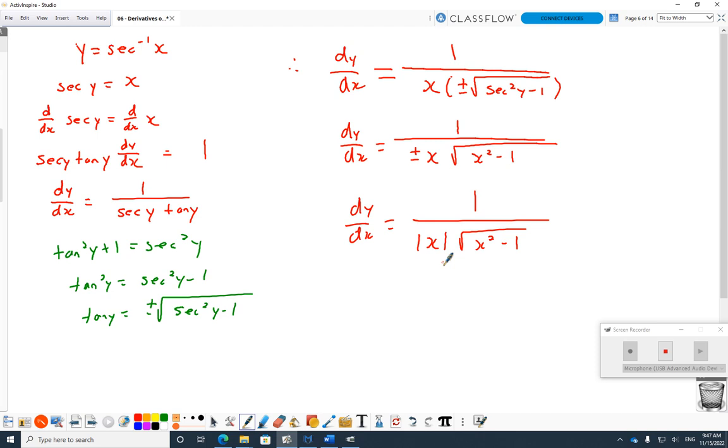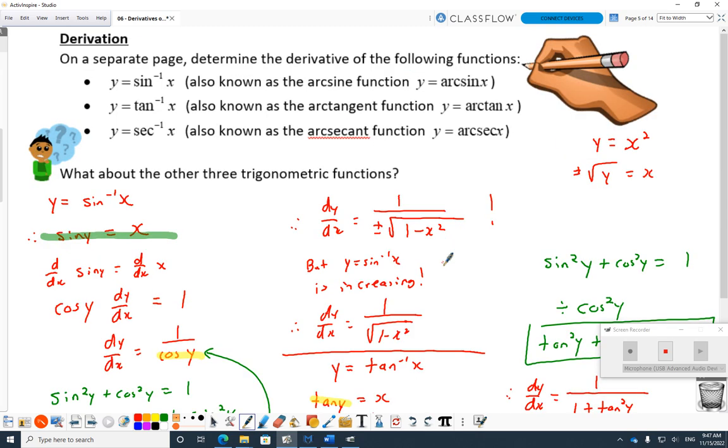Okay, I'm pleading with you to try these out. Spend some time going, okay, he did sine, tan, and secant. I'll follow his, and if you do, right beside sine inverse, you try and do cos inverse. The steps are remarkably similar. And for tan inverse, if you try and do cotan inverse right beside it, you'll see it's remarkably similar.